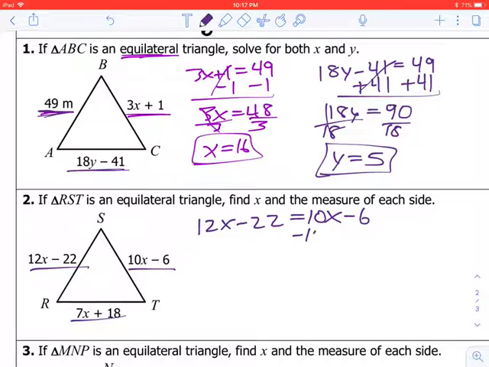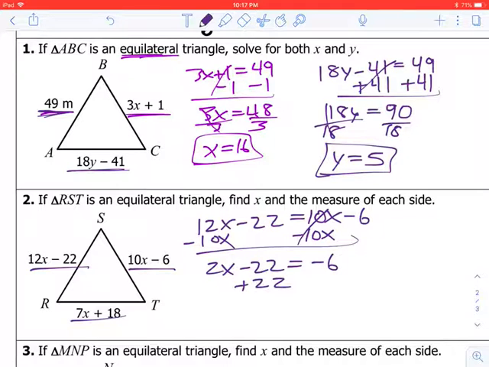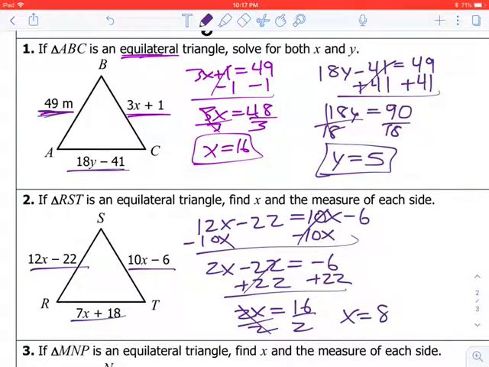So I need to get x on the same side. Get 2x minus 22 equals negative 6. I'm going to add 22 to both sides and get 2x equals, what is that? 22 minus 6 would be 16. So divide by 2, x equals 8.